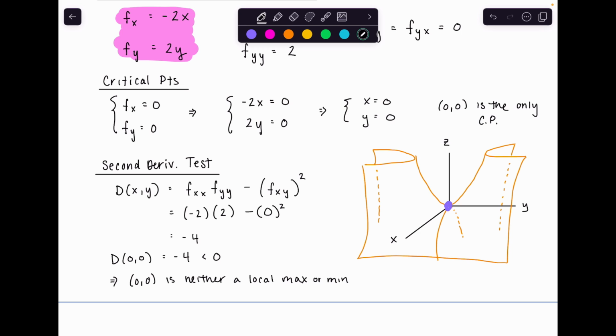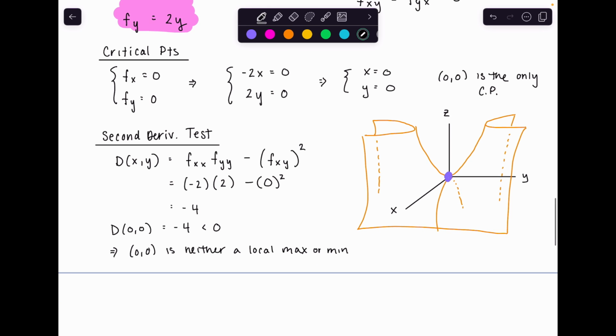So when you find out that it's neither a local max or min, and the determinant evaluated at this point is less than 0, we call these points saddle points because it looks like it's on a saddle. It's curving up in one direction, curving down in the other.